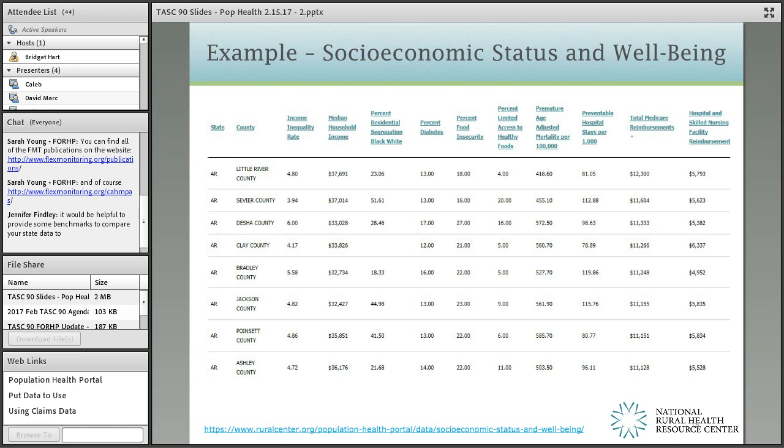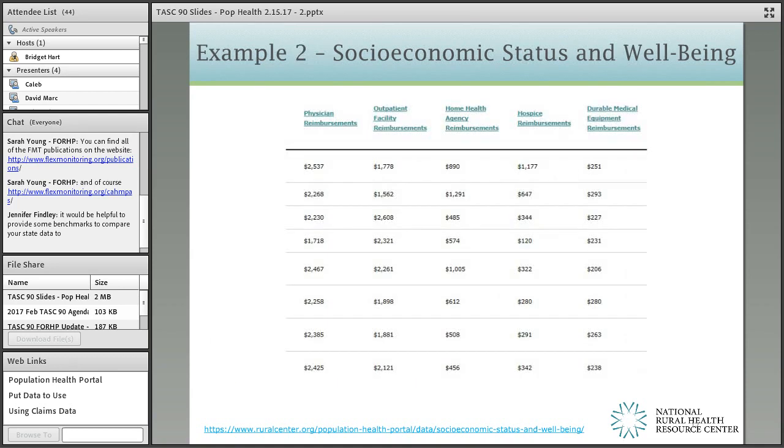It starts with income inequality, median household income, percent of residential segregation between black and white, and diabetes, food insecurity, limited access to healthy foods, and mortality rates, and then moves into the Medicare costs and preventable hospital stays.